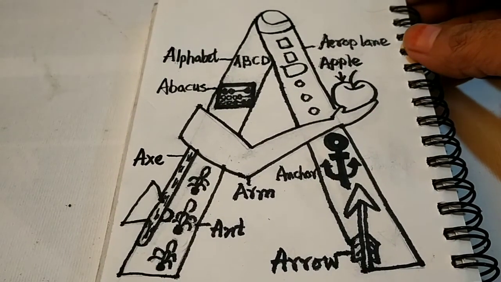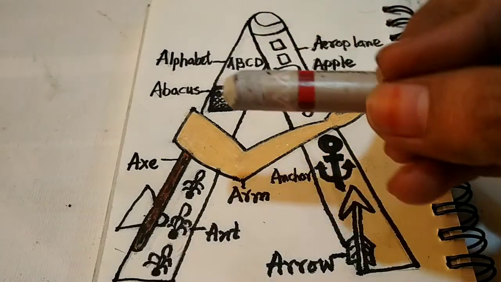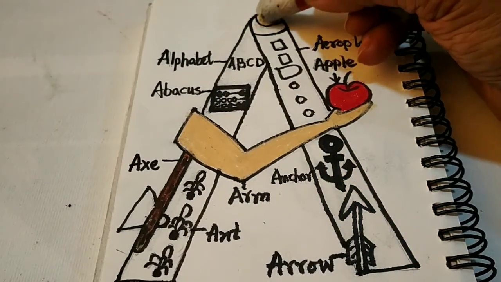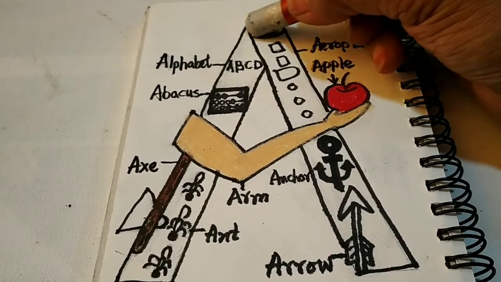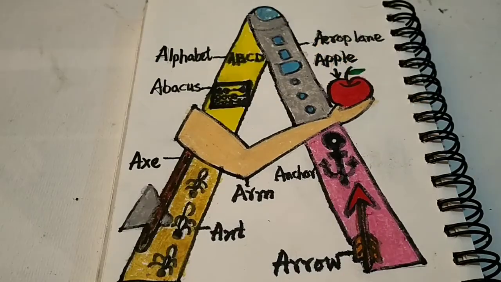Let's complete with color. See, it is complete. In the next video, we are learning alphabet B.